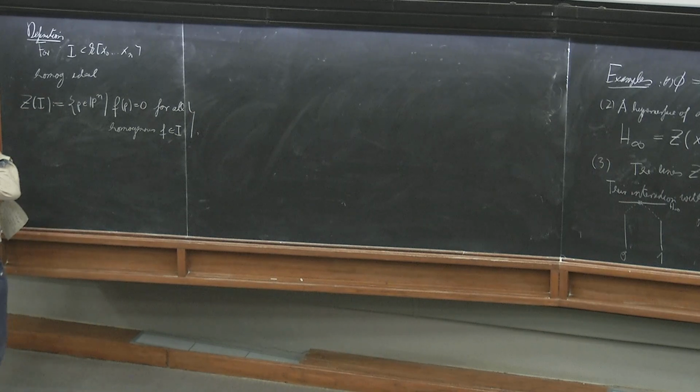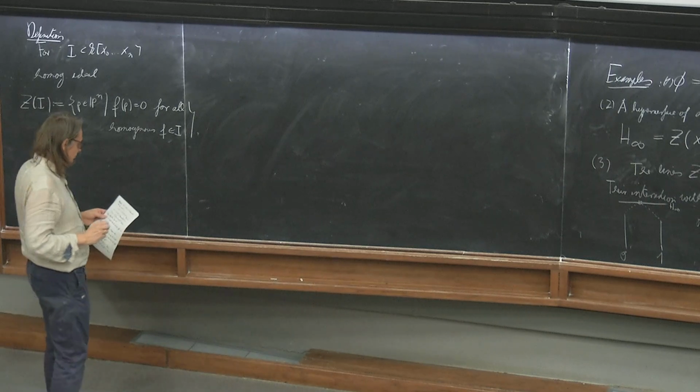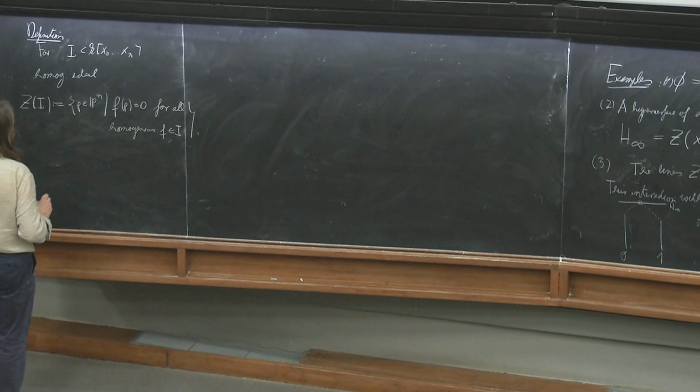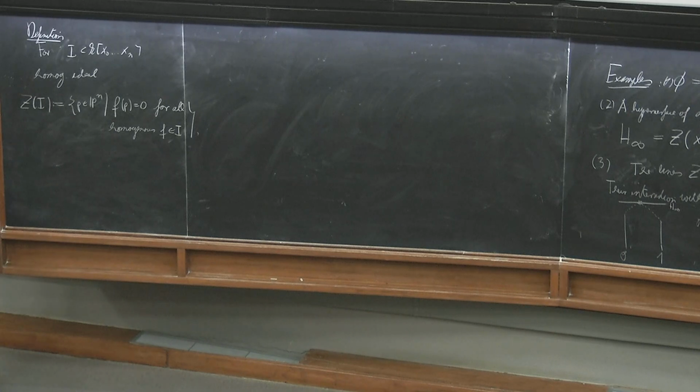And we can also talk about the homogeneous ideal of some subset of Pn, which is just the ideal generated by all homogeneous polynomials which vanish on this subset.